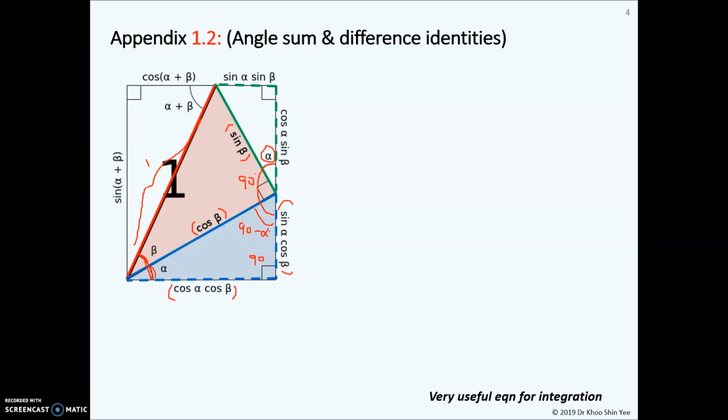So in total, 90 minus alpha plus 90, you should get 180. Same thing, this total angle is 180. So to make it 180, this angle should be alpha. So alpha plus 90 minus alpha should be 180 as well. Next, from this angle, sine beta cos alpha, you should be able to get the distance here. Sine beta sine alpha, you should be able to get the distance here.